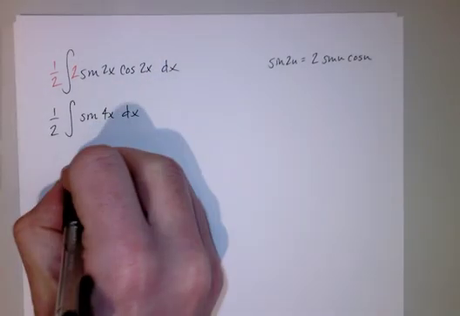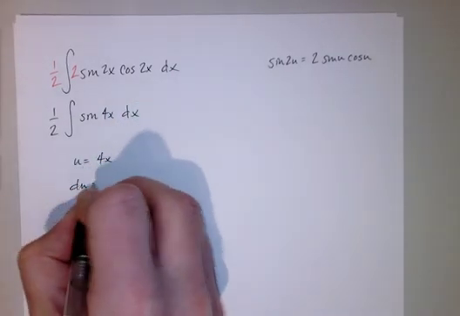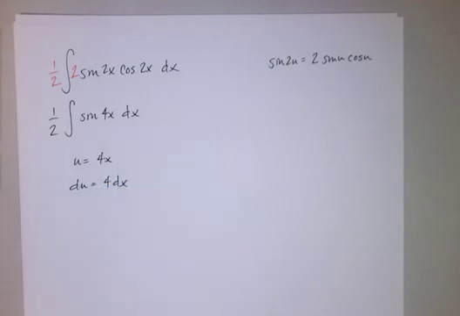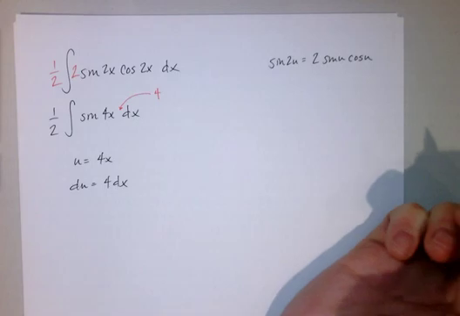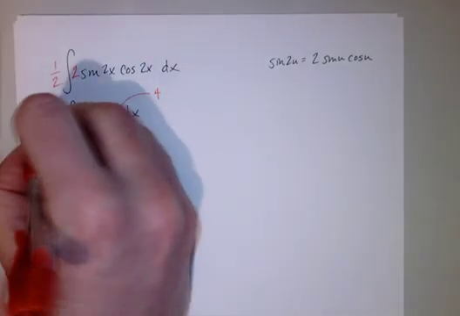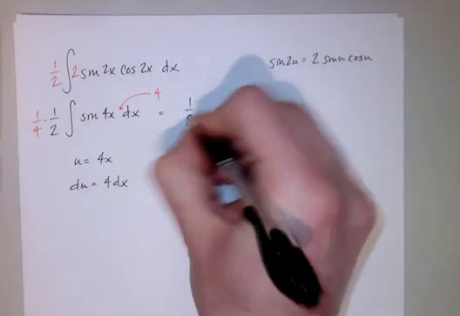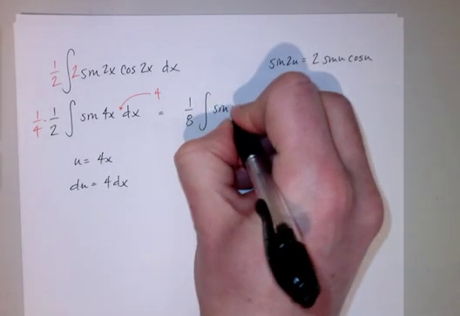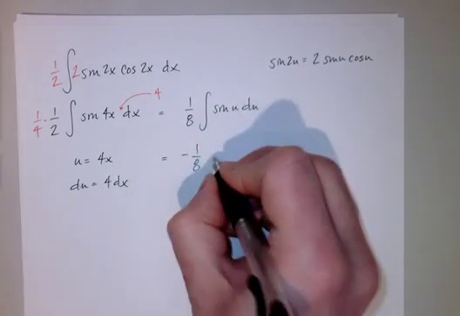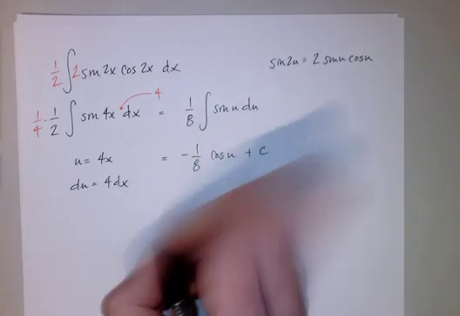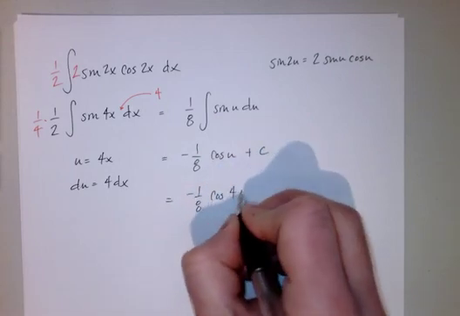Then my u is not a trig function, my u is my angle measurement, right? I simply need to plug in a 4 into here, and multiply by 1/4 out in front. That becomes 1/8 sine u du, or negative 1/8 cosine u plus c, or negative 1/8 cosine 4x plus c.